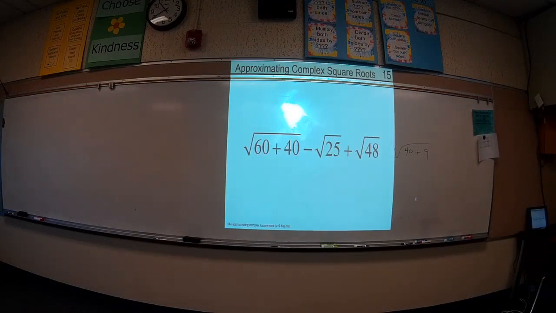Let's take a look at yours. No. Start on homework. Keep your answer down and I'll be with you in a moment. Right. So this is 60 plus 40. Okay, so I'm going to do the square root of 100 minus the square root of 100.